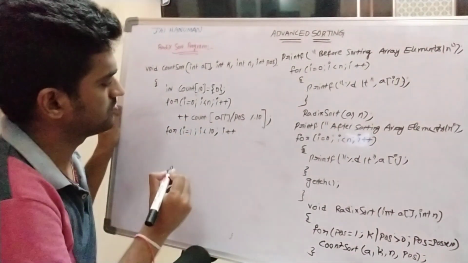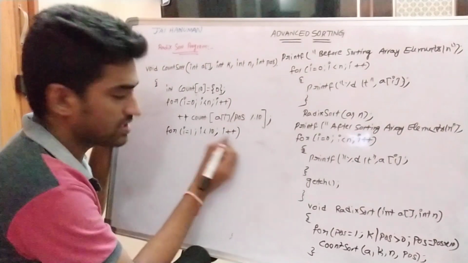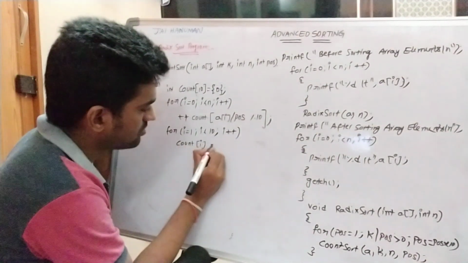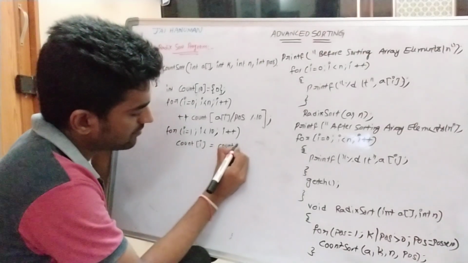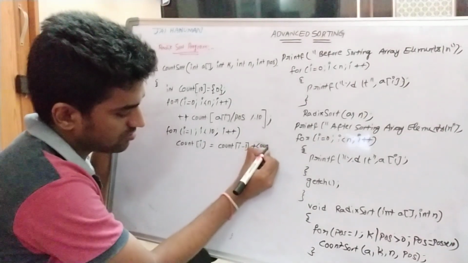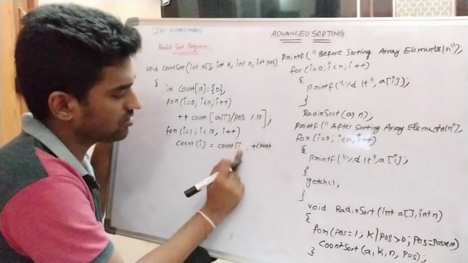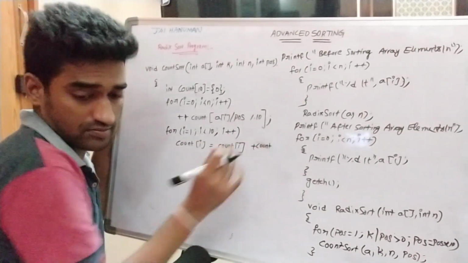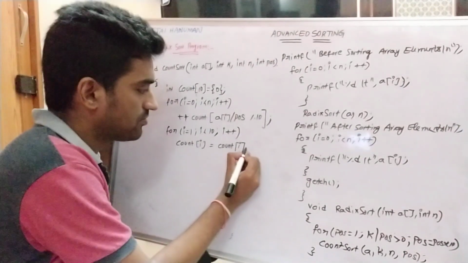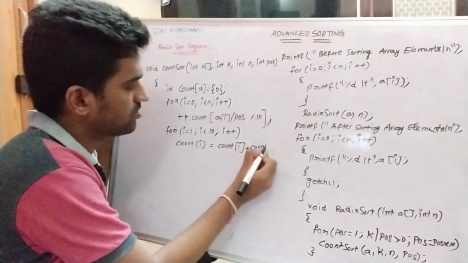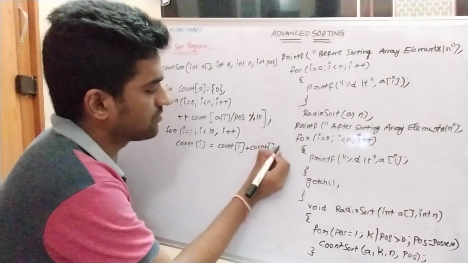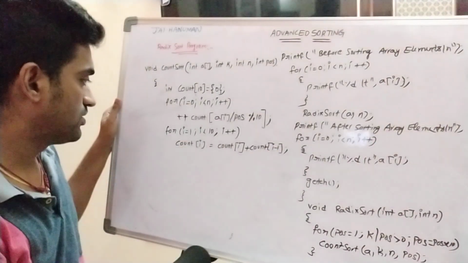So for i equal to 1, we update count of i as count of i plus count of i minus 1, right?